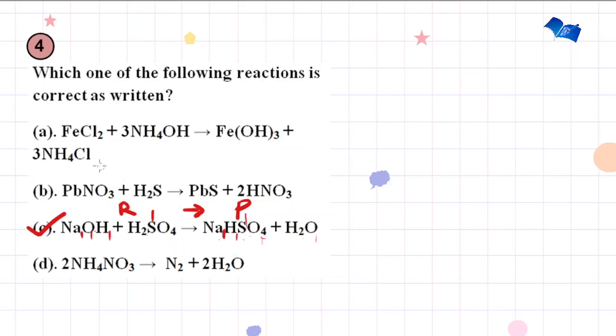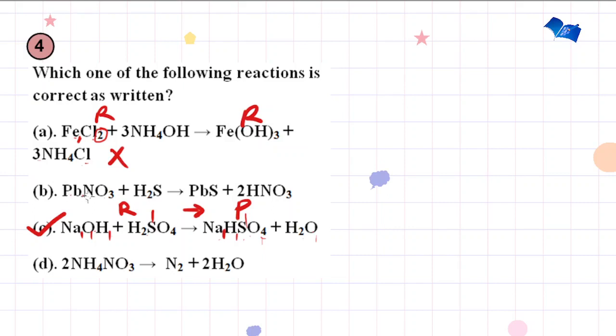Now let's look at the other options. Option A, we have ferric chloride, 1 atom of iron in the reactant side and also 1 atom of iron in the product side. Now look at chlorine, 2 atoms in the reactant side but 3 moles in the product side, so this is wrong. For the second option, we have the lead nitrate and the hydrogen sulfide.